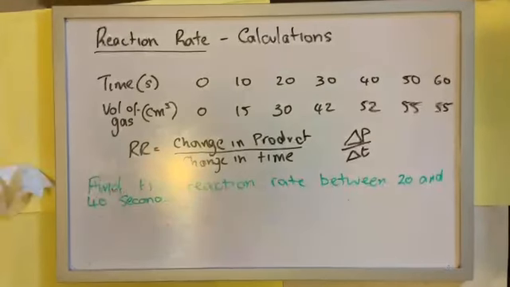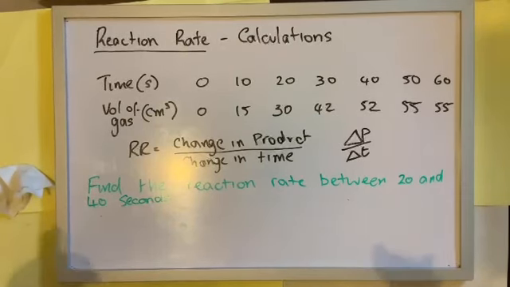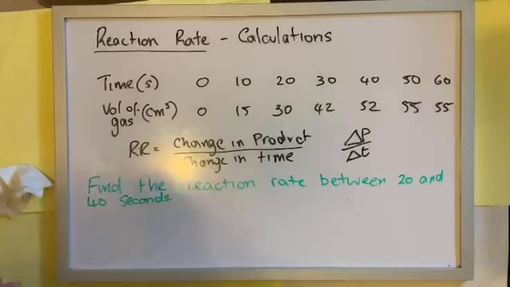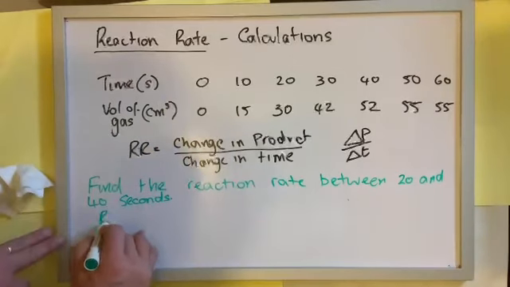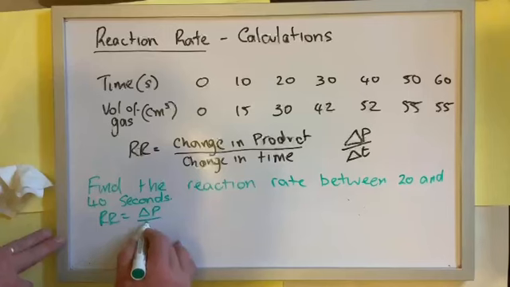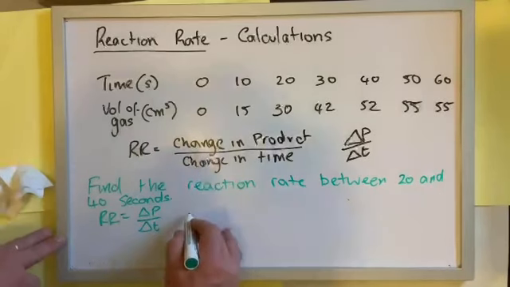If we're asked to find the reaction rate between 2 points that are given as far as the time's concerned, then we do it exactly the same way, but we're just using the amount that's been made between those 2 points. So in this case, we still write the formula: reaction rate equals change in product divided by change in time.